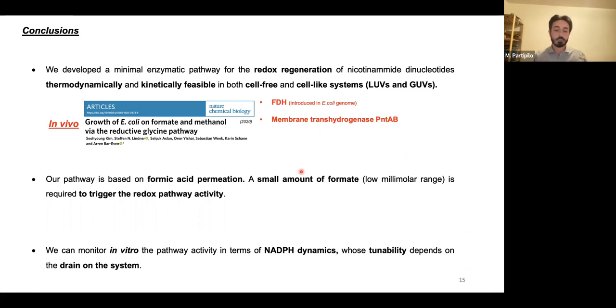But the cool thing of monitoring specifically NADPH is that you can really observe the effect of a drain on our pathway. And of course, thinking about the integration with more complex systems, more complex modules, you could think about coupling these processes to NADPH and observing their activity as a function of NADPH.